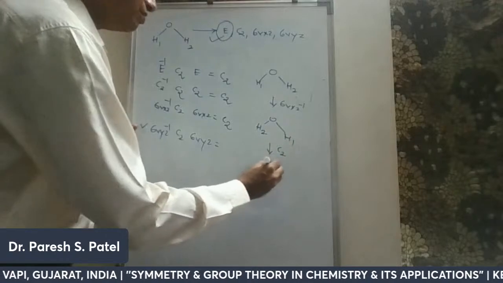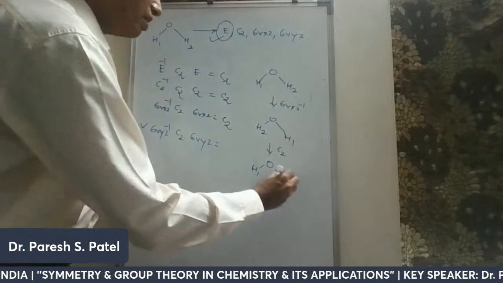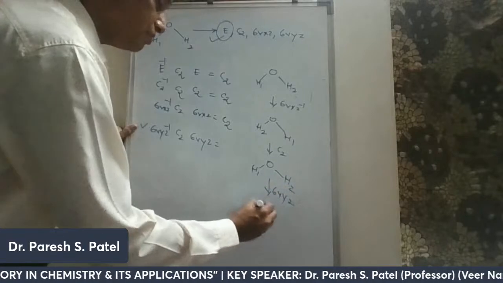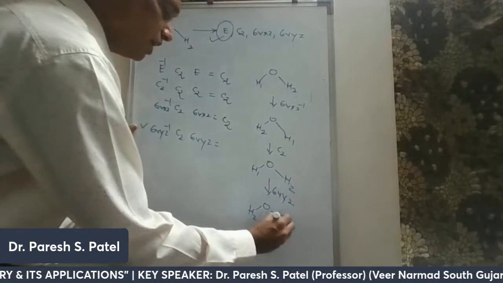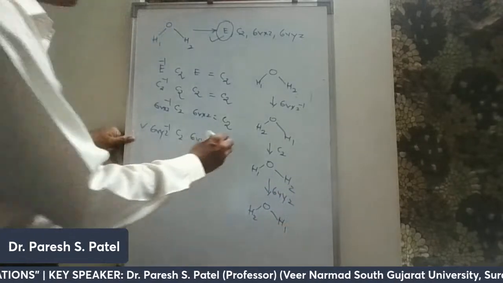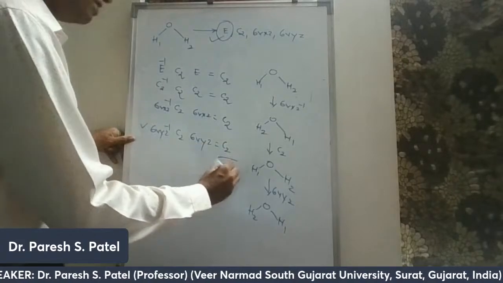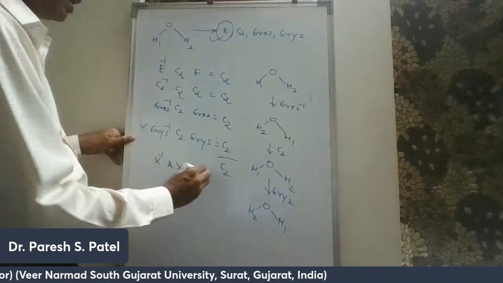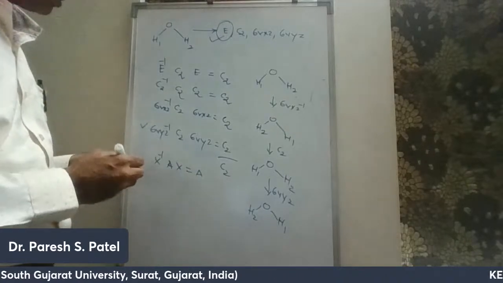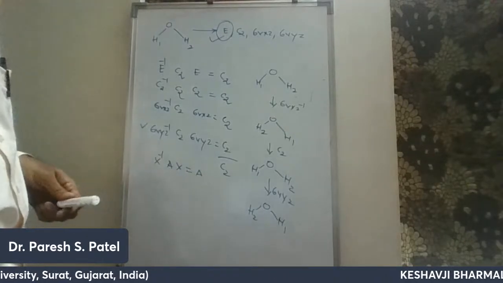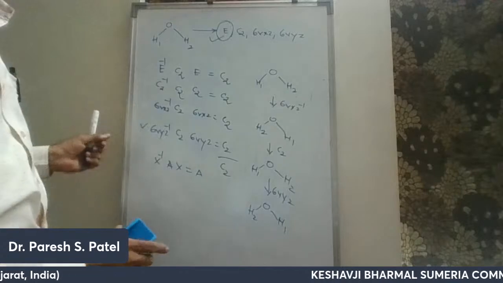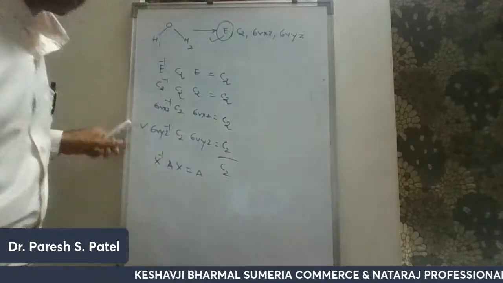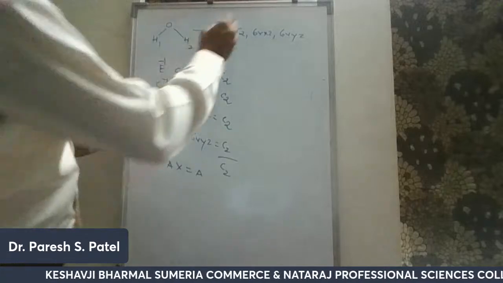Again C2, H1, H2, and again sigma V YZ to give H2 and H1. So the overall result is C2. It means this also satisfies condition number 1, X inverse A X is equal to A, meaning A is conjugate to itself to form an individual class. So in case of the water molecule, the second class is C2 itself.